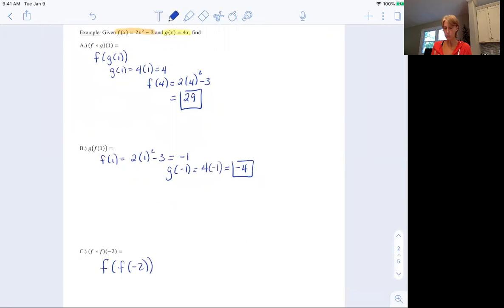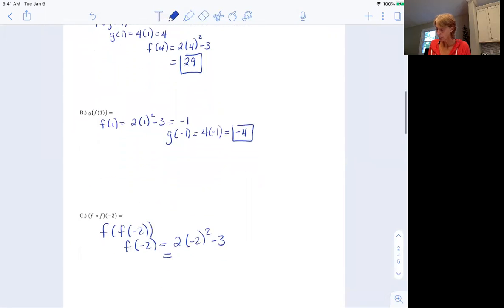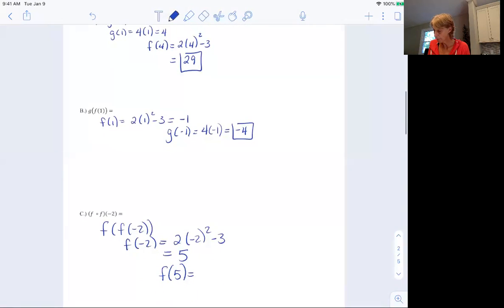You just have to learn how to read the notation and follow the directions. f of negative 2 is 2 times negative 2 squared, which is 8, minus 3, which is 5. And now I'm going to evaluate that again. f of 5 is 2x squared minus 3, and that's going to equal 50 minus 3, which is 47.